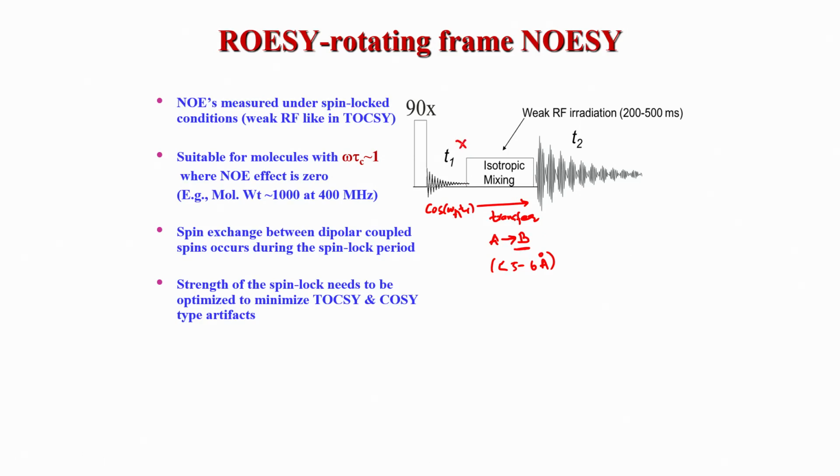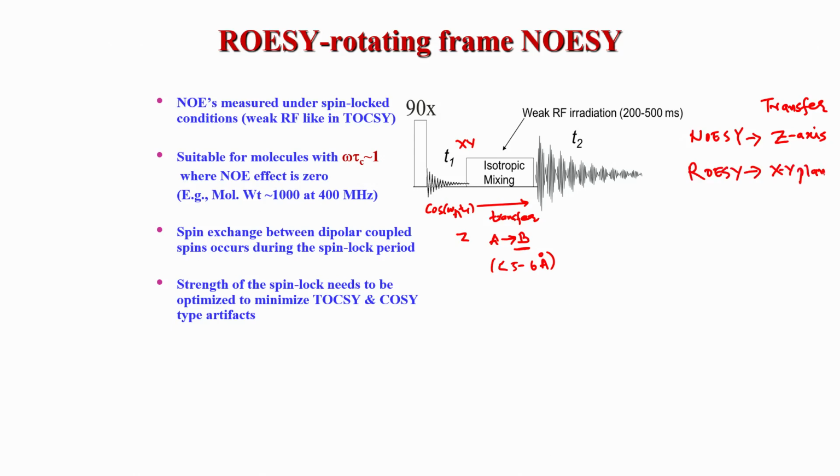Whereas in the NOESY we transfer the magnetization to the z axis. So, I can write here: NOESY is a transfer of magnetization that happens along the z axis, when the magnetization is along z, and in a ROESY it happens when it is in the xy plane.